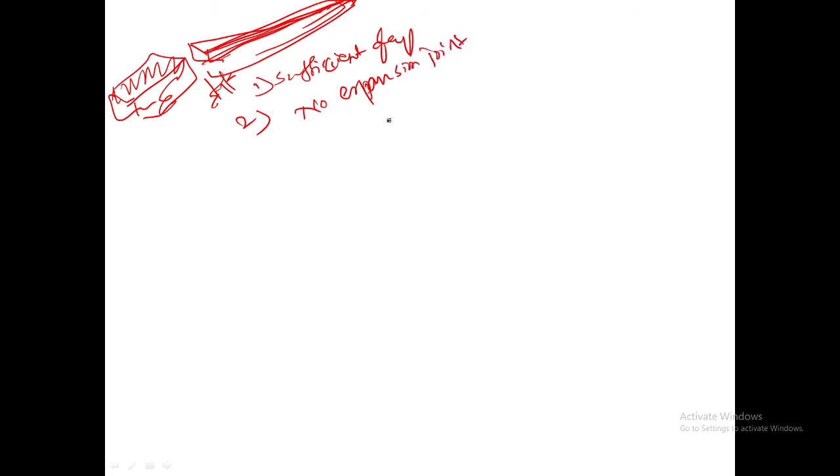So for the second, a 2 mm gap is there. Next, fourth, if a stress developed is 20 megapascal, then what should be the gap?